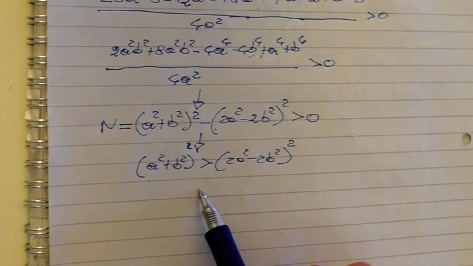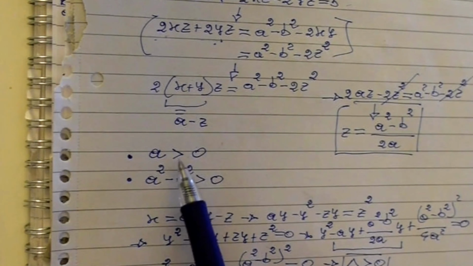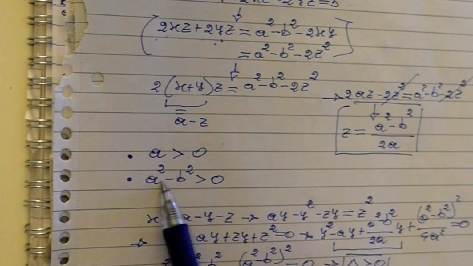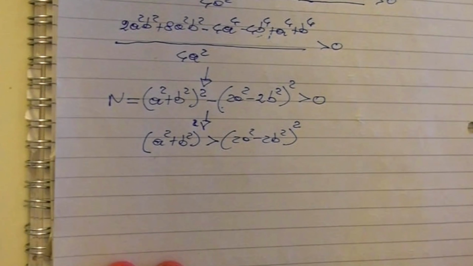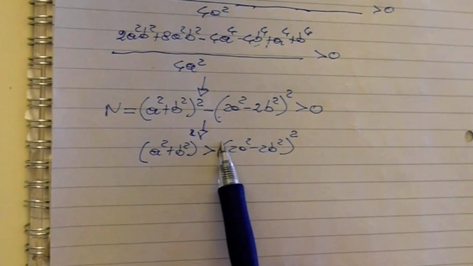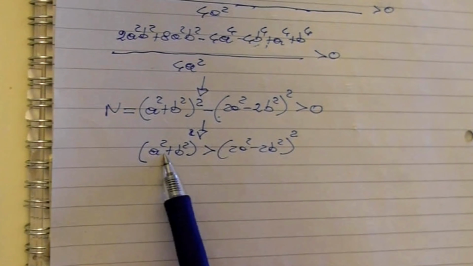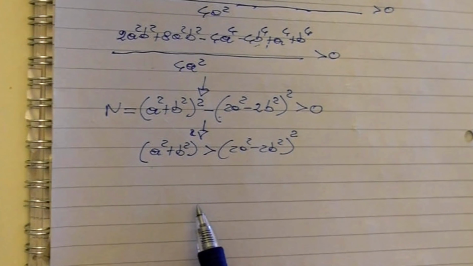Well, in this case, we have to consider probably the second condition. Yes, as we said, we found those two conditions. a must be positive, and then we need to have a squared larger than b squared. What does this imply? Well, it implies that we don't need to use modulus when we take the square root of the left and right hand side, because as you can see, this is, of course, positive.